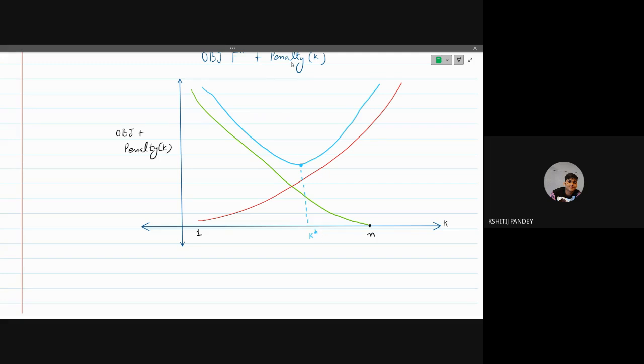So is this clear? Yes, sir. Label the graphs. So objective function plus penalty.